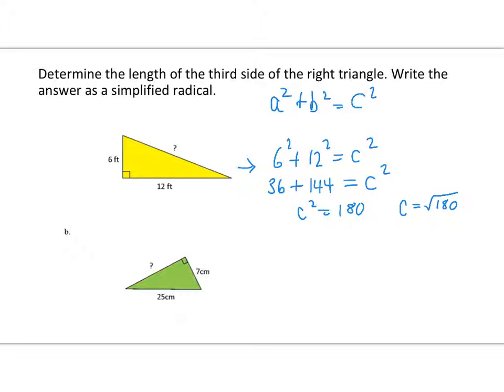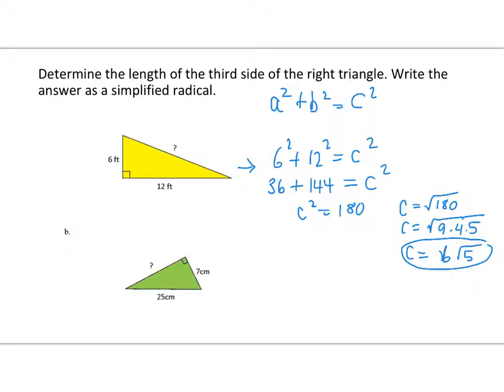And we know that 180 is 9 times 4 times 5. So c is equal to the square root of 9 times 4 times 5. Right? So we can pull out a 3 and a 2, which is 6. So c is equal to 6 square root of 5. So that's our answer for the very top one there.